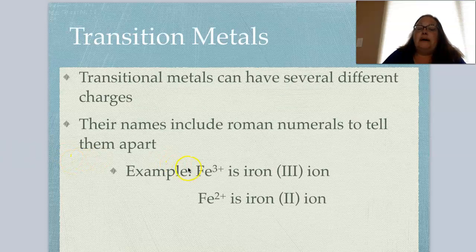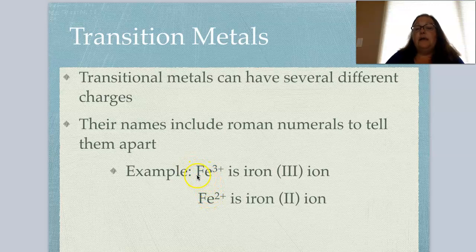The transition metals, as I said, their valence electrons don't really drive how they bond. So we need another way to tell us how many electrons are available in that element for bonding, or what charge those ions are going to have. Most of them can have several different charges, and so we use Roman numerals to express which ion we have.